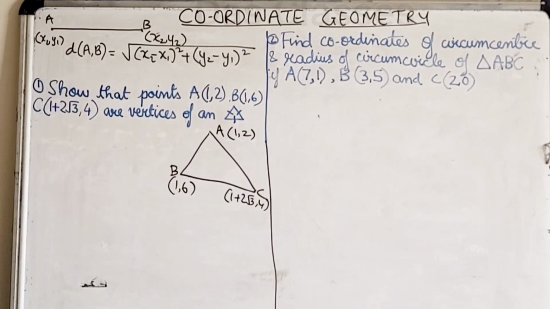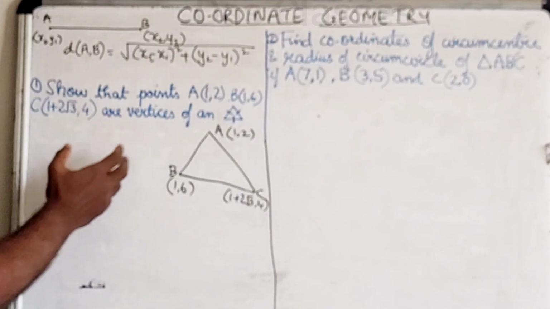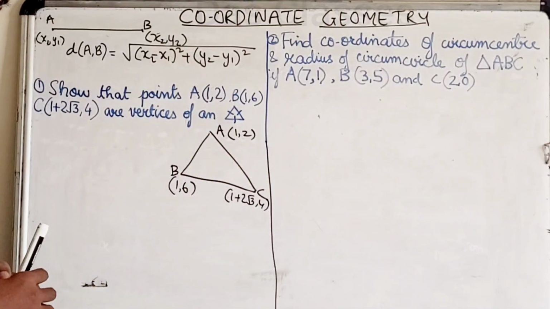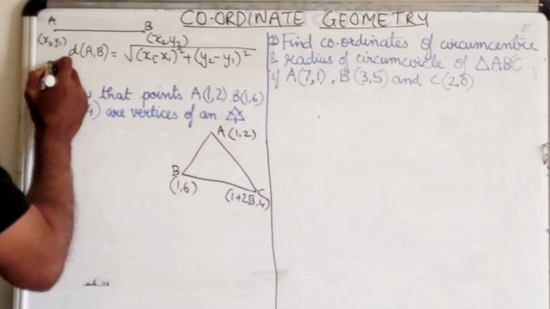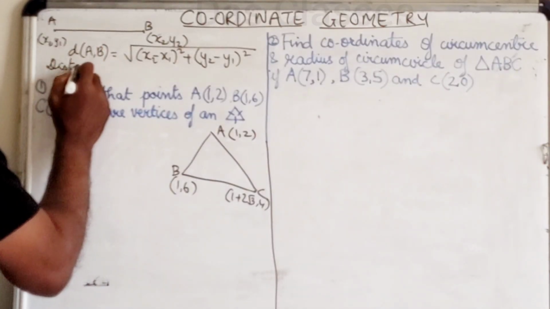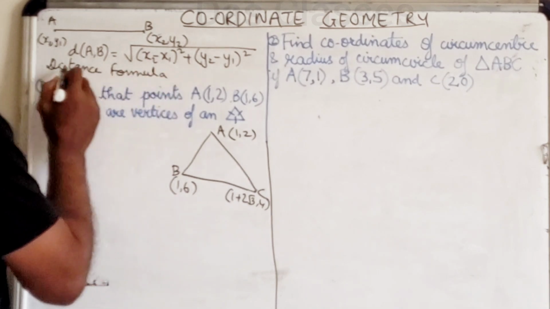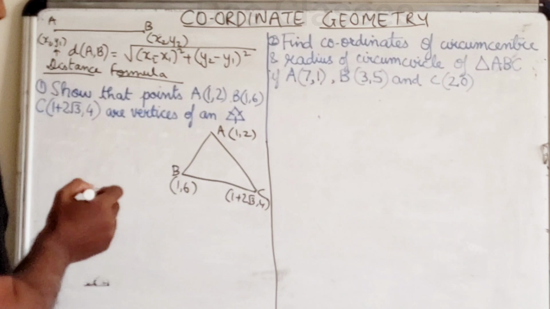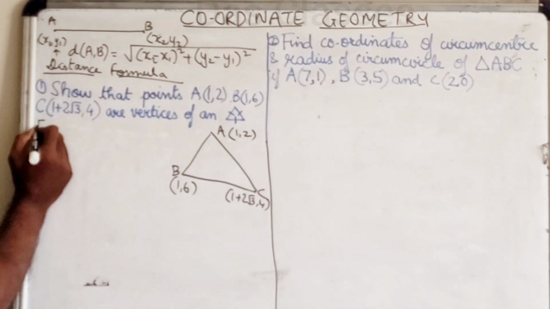So how can we prove an equilateral triangle? For that, you just need to prove the property. In case of an equilateral triangle, the property is that all the sides should be the same, that is, all the lengths should be the same. So the distance formula that we have written above is what is going to be used to find each of the distances.